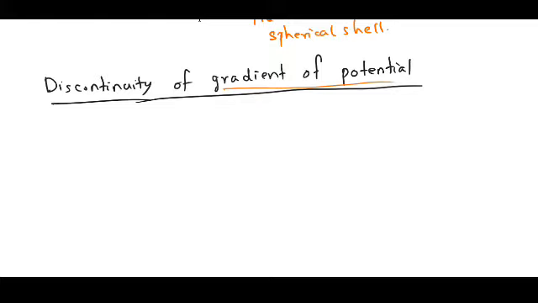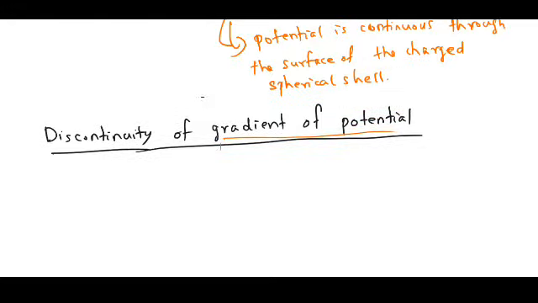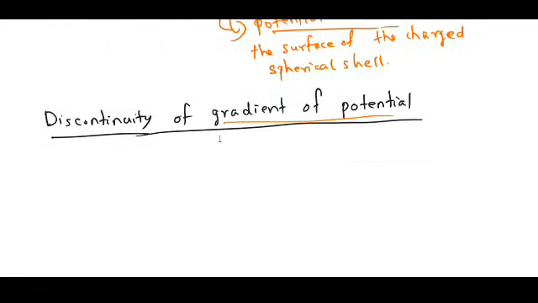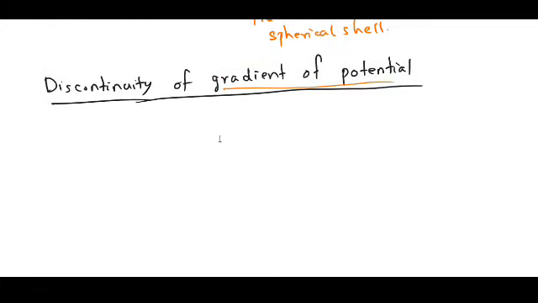In the previous discussion we saw that potential is continuous, but its gradient is discontinuous, and we will prove that here. For this, we use the boundary condition E up minus E down is equal to sigma divided by epsilon 0 n cap.